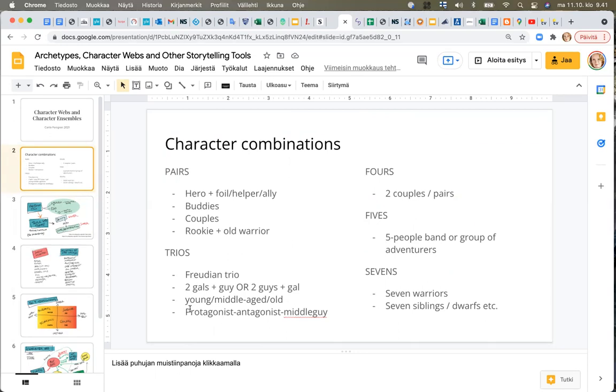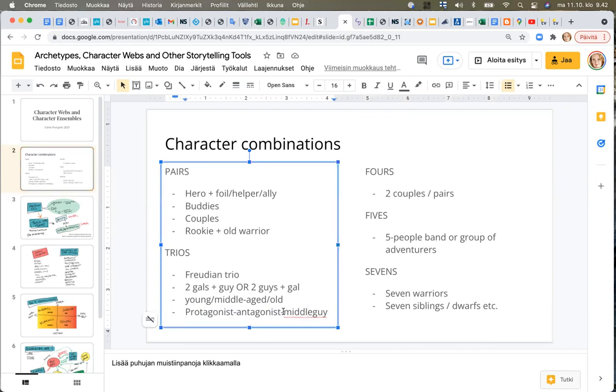Or you could just mix their genders. And then we have this basic thing that we have the protagonist and the antagonist and one person in the middle. Although I should have probably put this middle guy in the actual middle here, so it looks better that way. Okay. Yeah, I think that works.